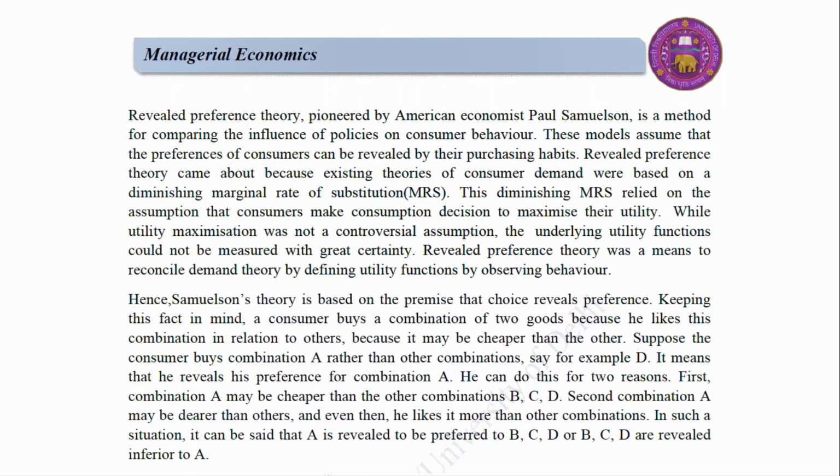First, combination A may be cheaper than the other combinations B, C, D. Second, combination A may be dearer than others, and even then he likes it more than other combinations. In such a situation, it can be said that A is revealed to be preferred to B, C, D, or B, C, D are revealed inferior to A.